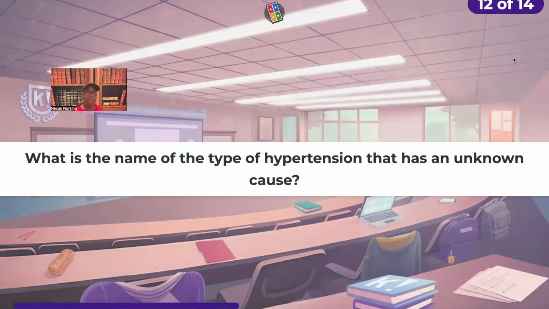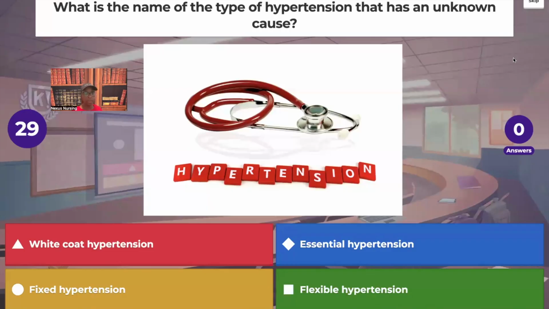All right. What is the name of the type of hypertension that has an unknown cause? Is it white coat syndrome? Is it essential hypertension? Is it fixed hypertension? Or is it flexible hypertension?